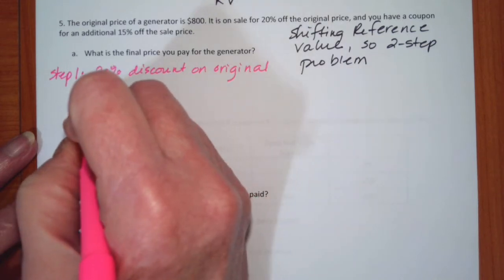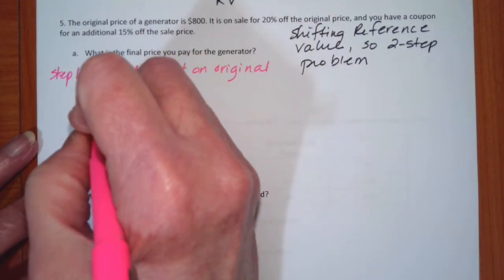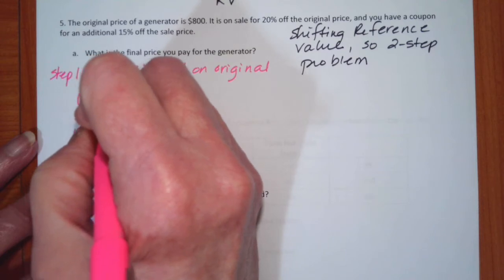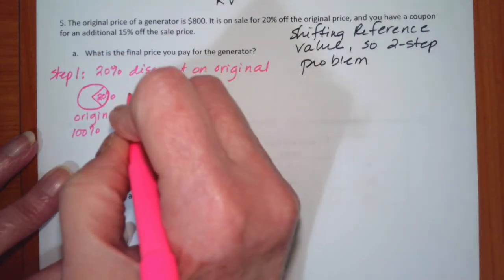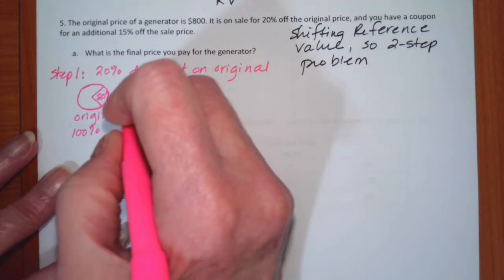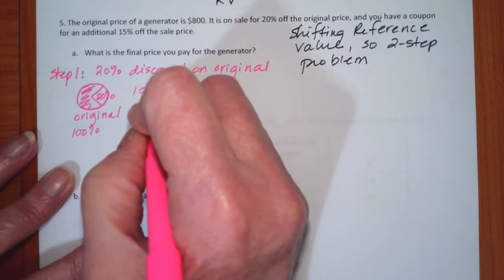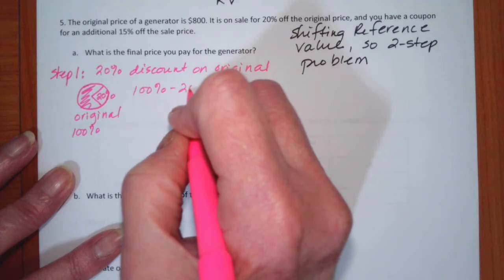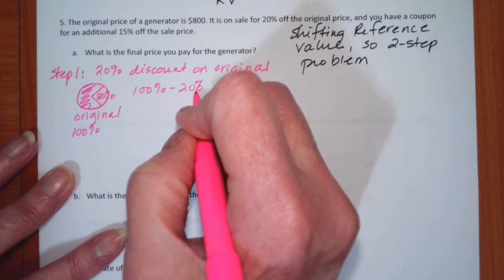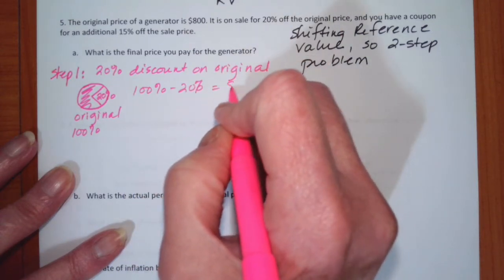But then we're going to have to take out the 20%. So all I'm left with here is 100% minus 20%, which is 80%.